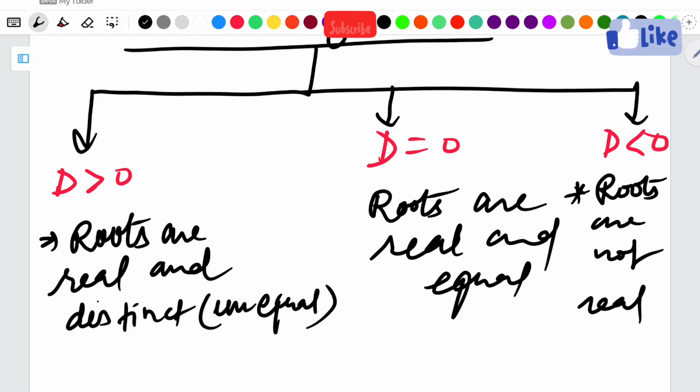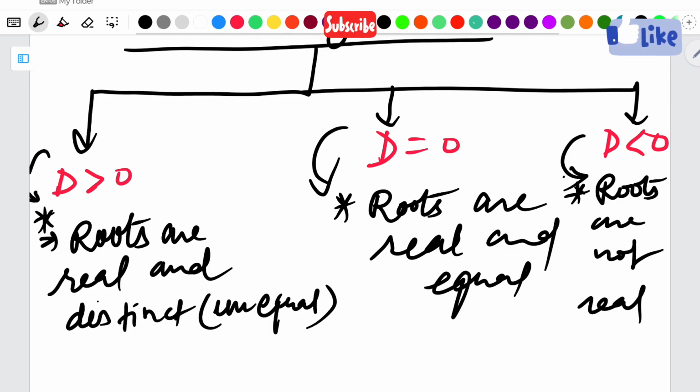So this is the star mark of this result, this is the star mark of this result, and this is the star mark of this result. Roots are not real means imaginary roots, which we will study in our higher classes.